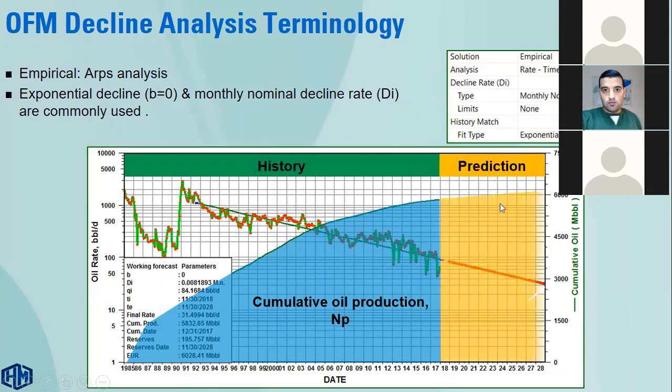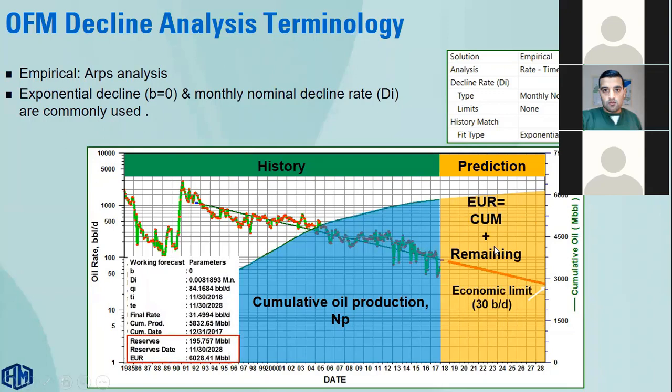At this point, we have the prediction, or the predicted future for this well. So in OFM, on the decline curve analysis, we will match the past performance using this straight line, using the exponential approach to predict the future production and get the estimated ultimate recovery, EUR.